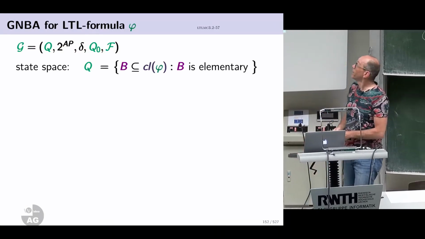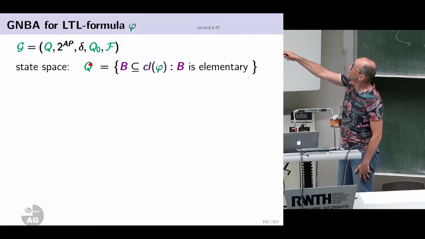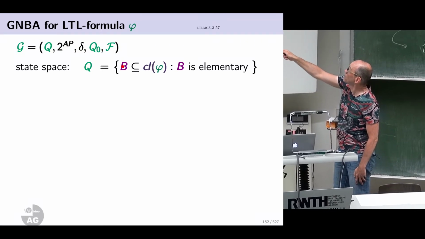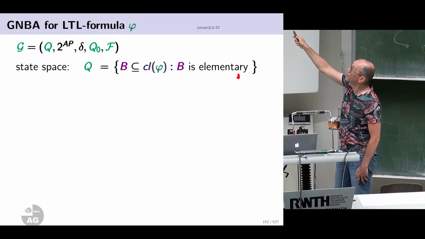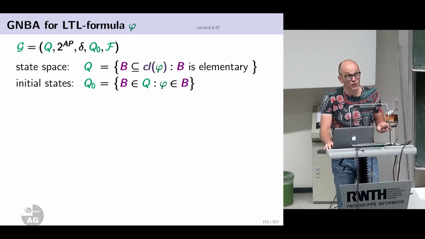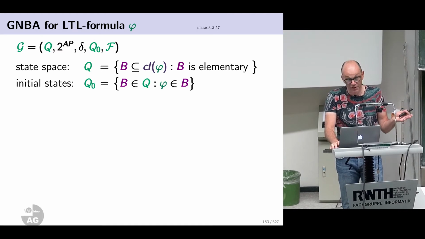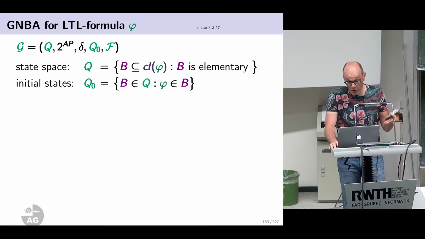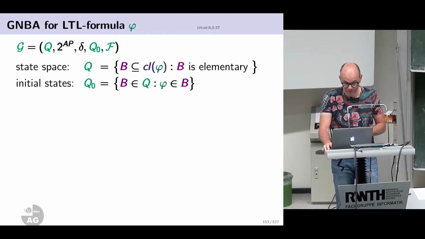So what's now the GNBA? The GNBA has a state space, all those subsets B that are elementary, that satisfy all the constraints we have just seen. The initial states are those states that actually include the original formula phi.